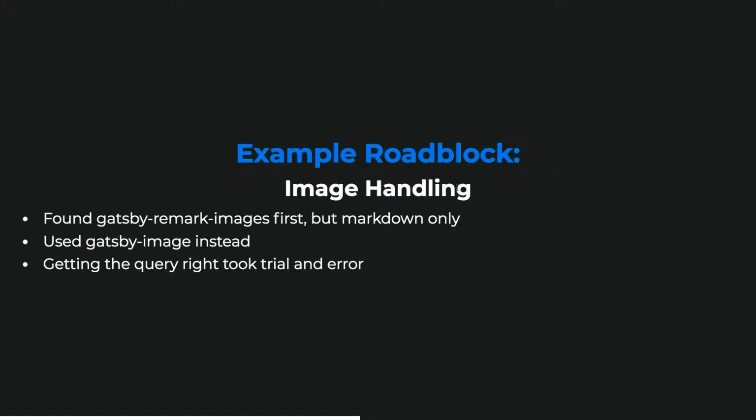Remark in that case means it's Markdown, the Markdown library, so it would not apply to the Drupal data that's coming in. Instead I found and used the Gatsby Image plugin, which allows you to get the same sort of effect.